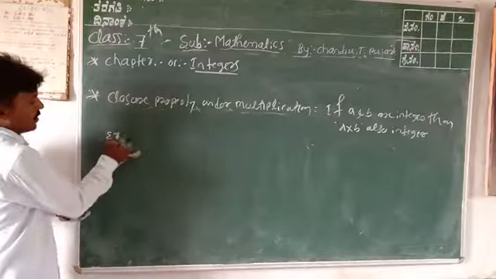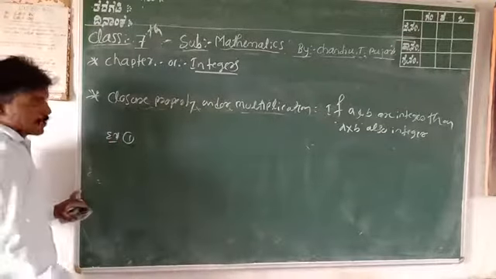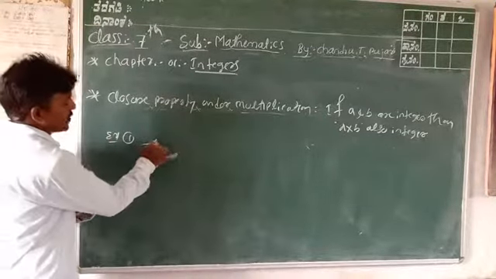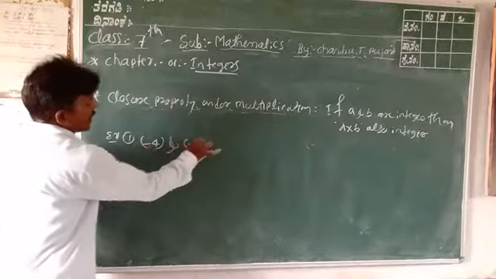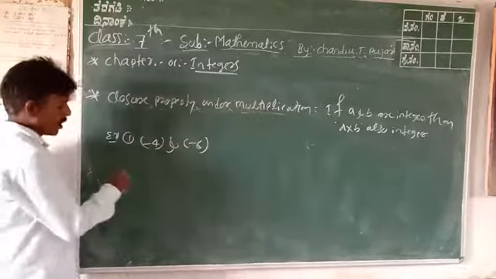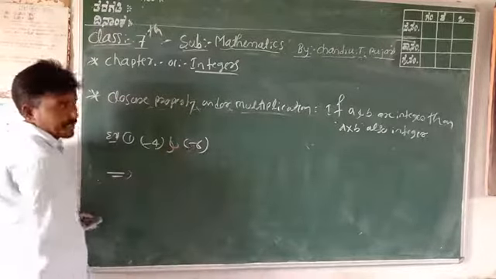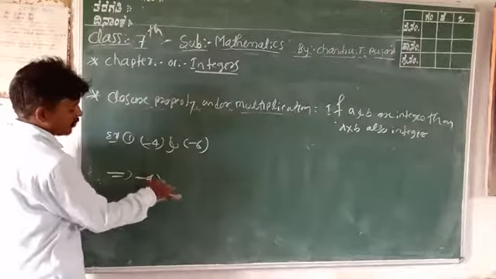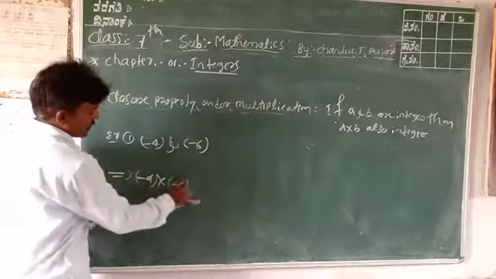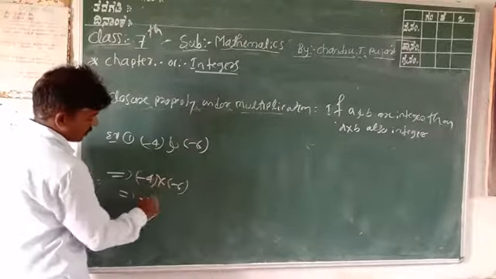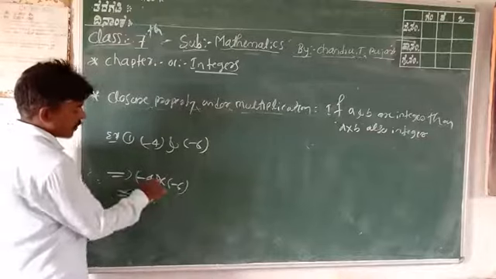Got it? Example number 1, check your closure property: minus 4 and minus 6. Minus 4 is an integer, minus 6 is an integer. The product of these two, minus 4 into minus 6, minus into minus is plus, 4 6s are 24.